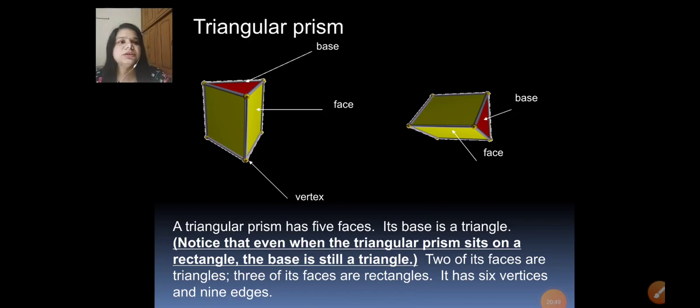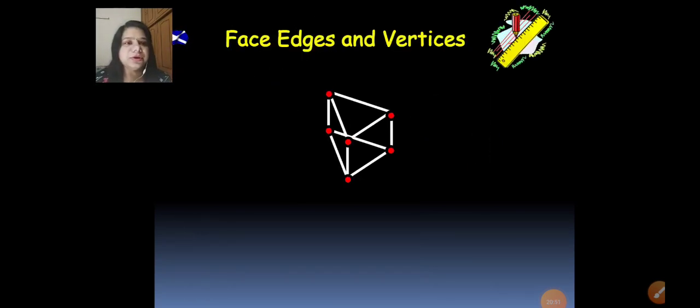Okay, so let's count the vertices and edges. You can count the number of edges: 3 with the upper triangle, 3 with the lower triangle, and 3 on the sides. So 3 plus 3 plus 3, how many edges does a triangular prism have? It has 9 edges.